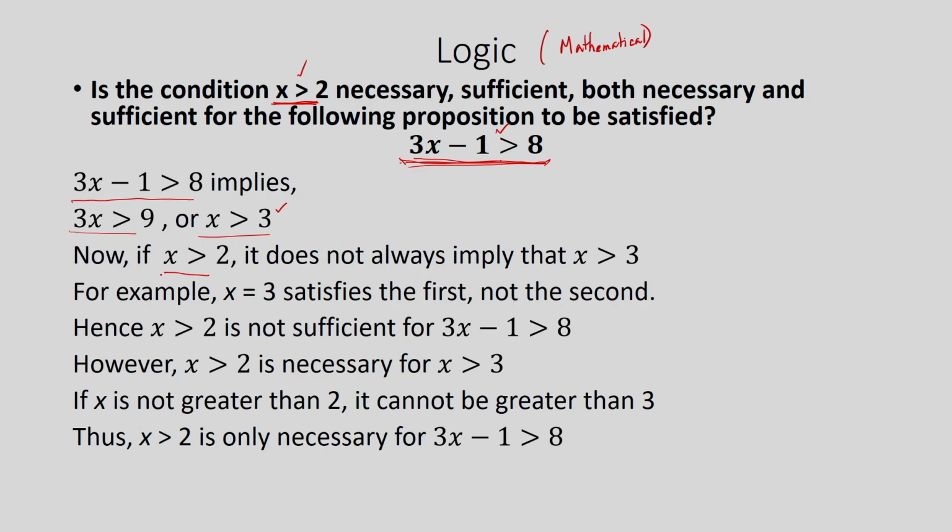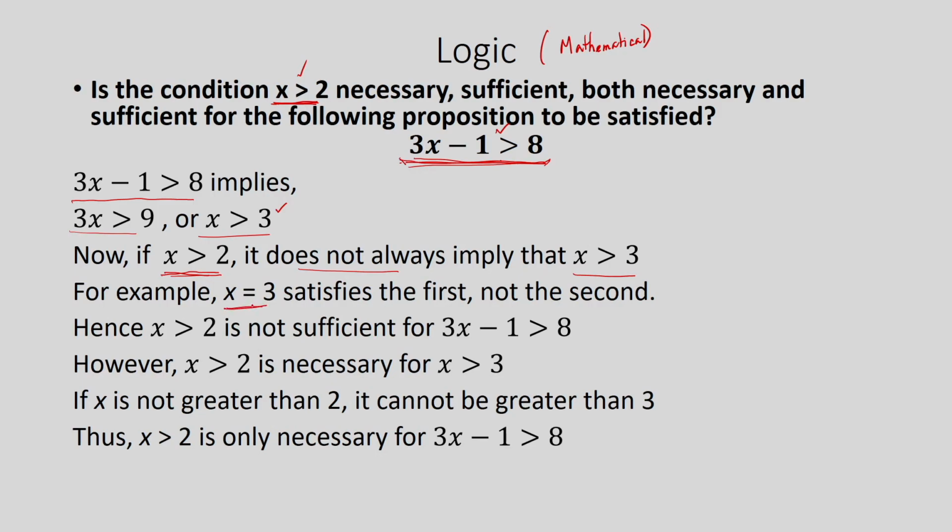So, if x is strictly greater than 2, it does not always imply that x is strictly greater than 3. And here is an example. Suppose x is equal to 3.